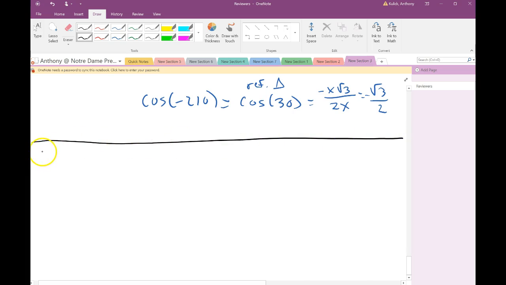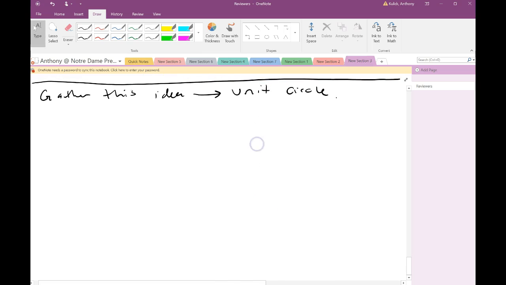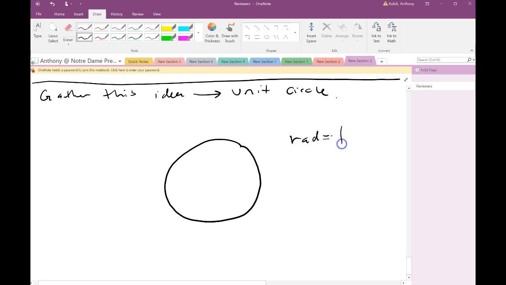So what we're going to do now is gather this idea and use it to construct something called a unit circle. I'm not going to do the derivation of how we build the unit circle, because it's a bit beyond the scope of this class, but the idea is that I have a circle with radius 1, centered at the origin.